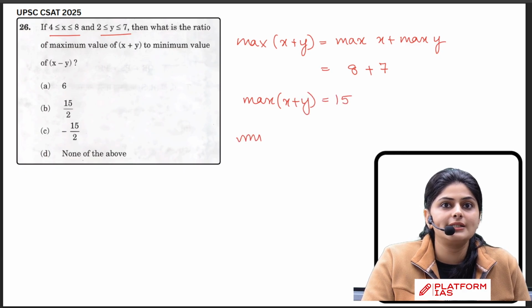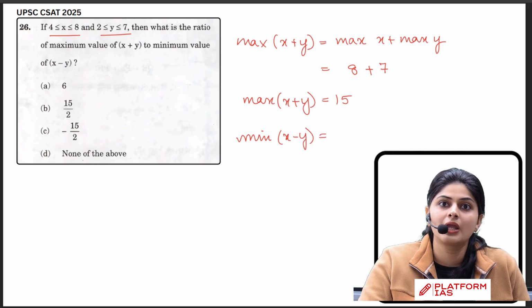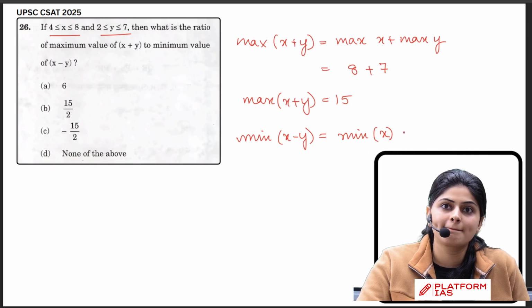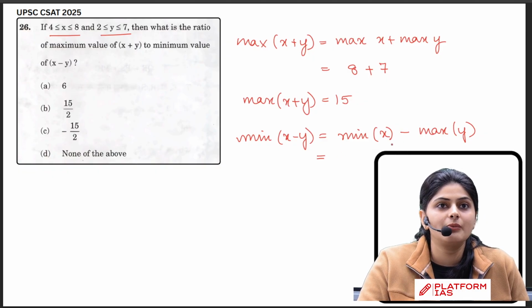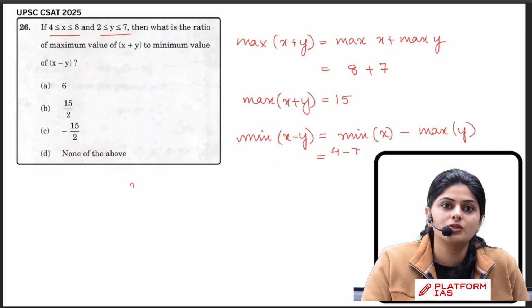Now we will find the minimum value of x minus y. The minimum value of x minus the maximum value of y will give me the minimum value of x minus y. The minimum value of x is 4 and the maximum value of y is 7. So the minimum value of x minus y will be equal to minus 3.